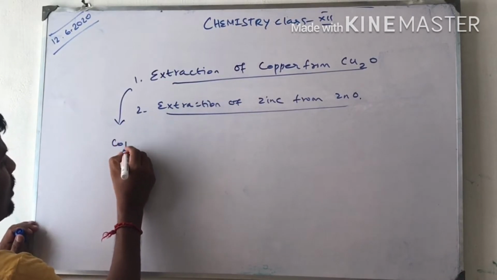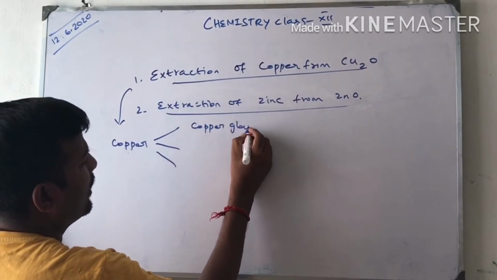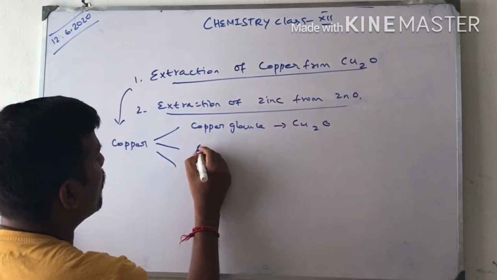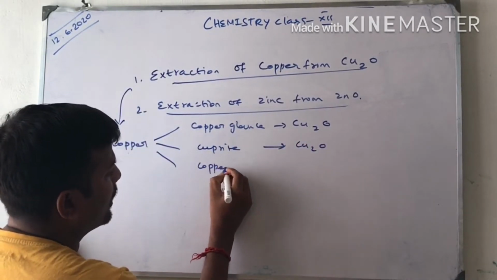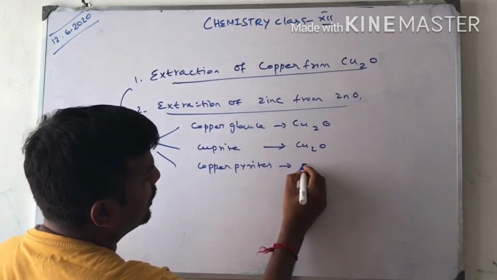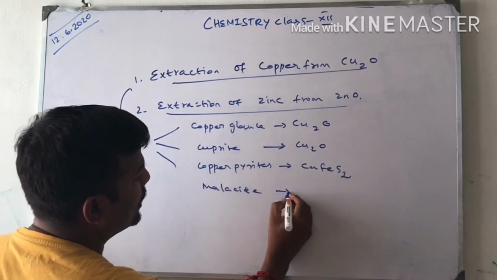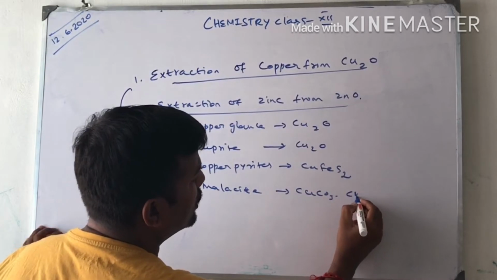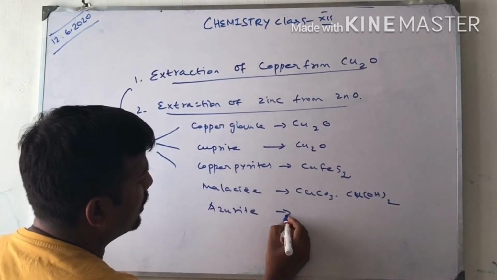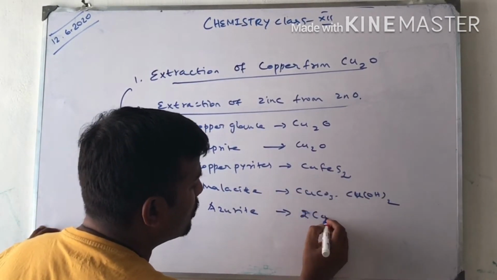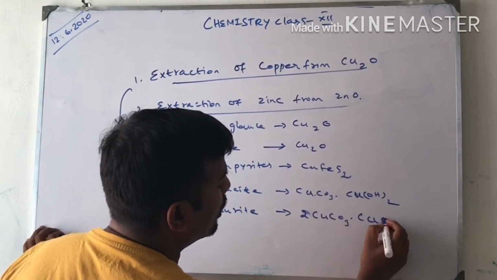Copper glance is Cu2S, cuprite is Cu2O, copper pyrites is CuFeS2, malachite is CuCO3 with Cu(OH)2, and azurite is 2CuCO3 with Cu(OH)2.